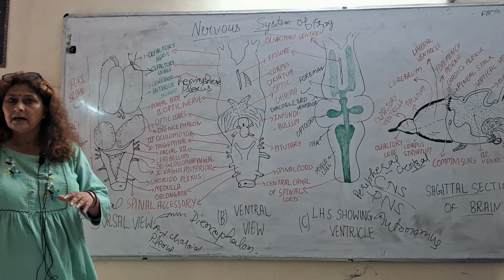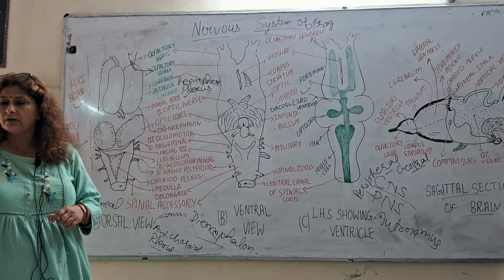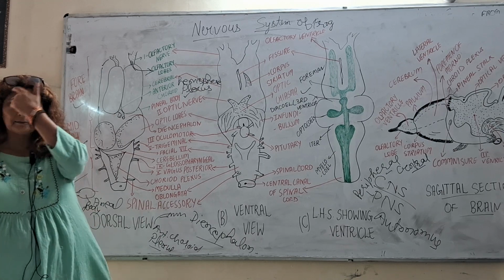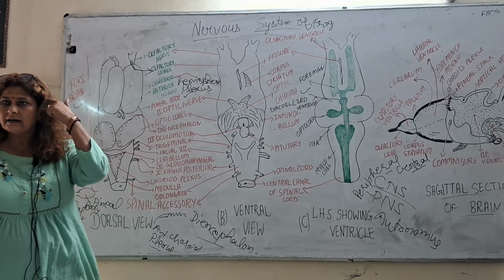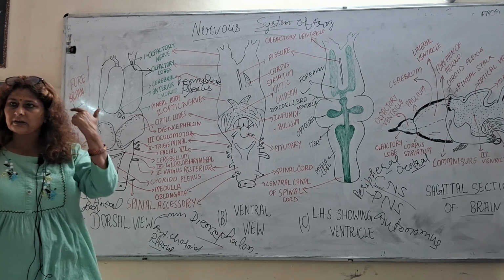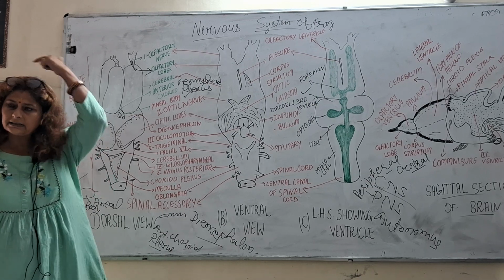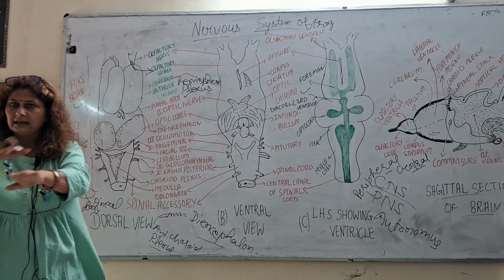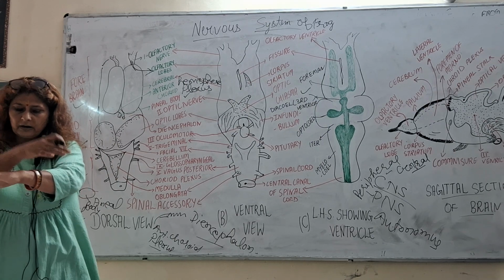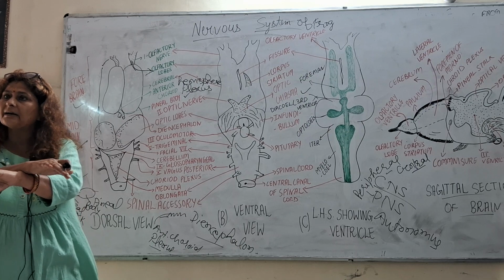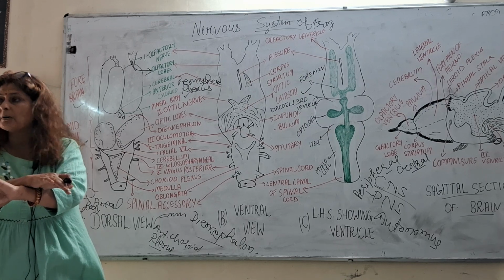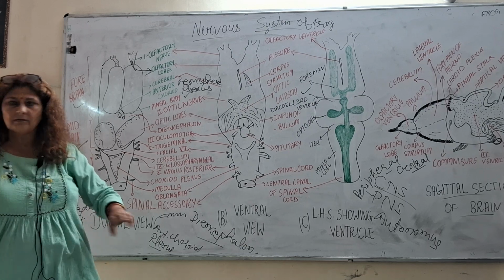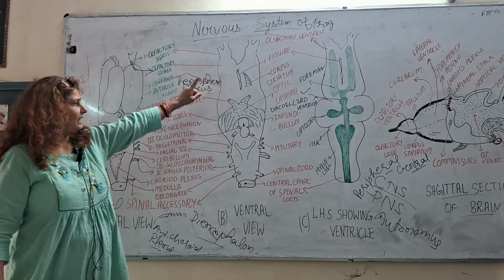The optic nerve which arises from the eyes goes to the other side. The left side one goes to the right side, and the right side one to the left side. They don't go straight like this, they cross like this, and the point where they meet is called chiasma. Clear? What is this chiasma?